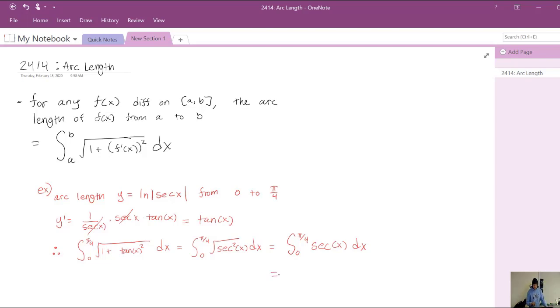And this is a good test review. Who remembers the integral of secant? That's natural log of secant plus tan, right? Natural log of secant of x plus tangent of x.